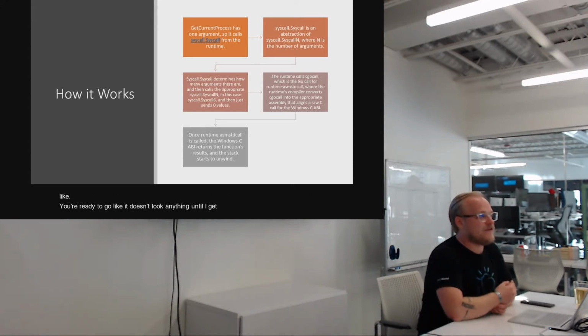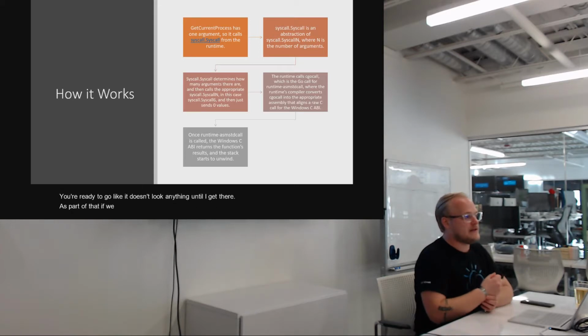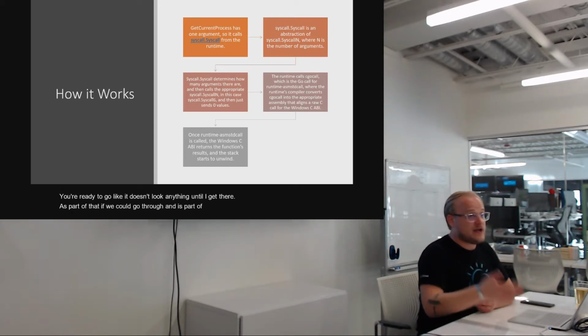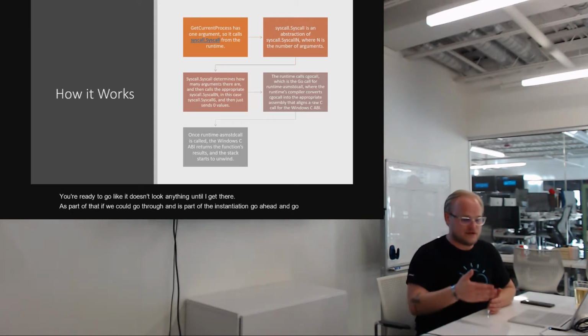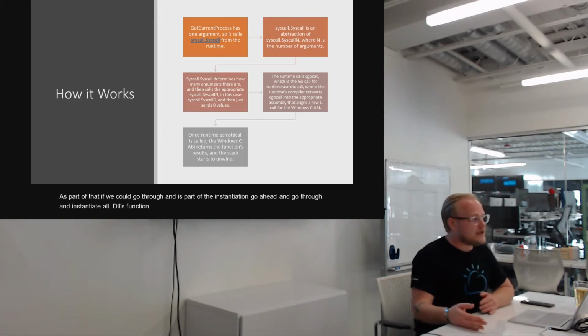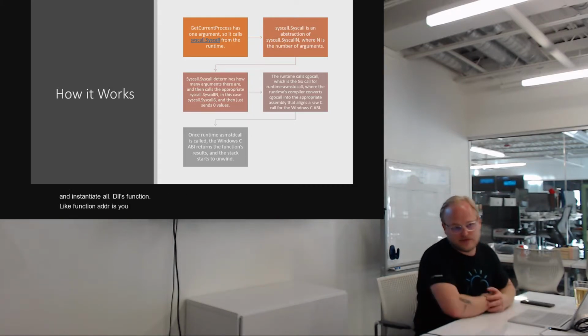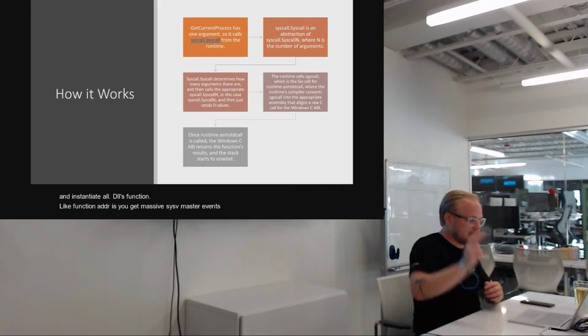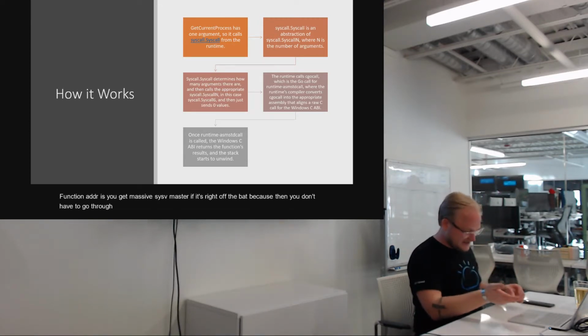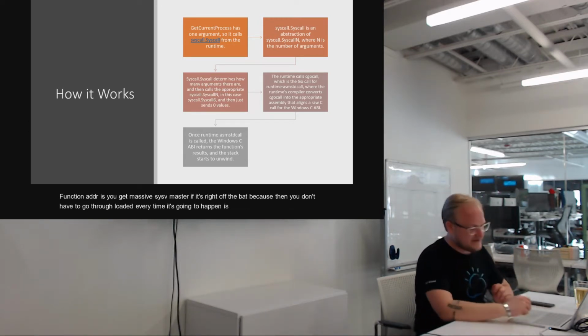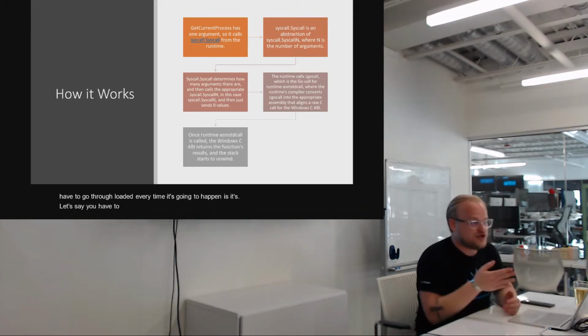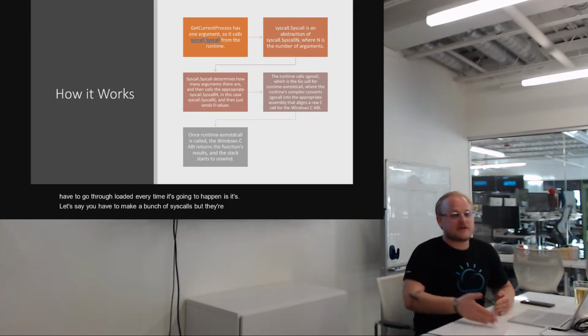As part of the instantiation, if we could go ahead and instantiate all the DLL's function addresses, you get massive improvements right off the bat, because then you don't have to load it every time. Let's say you have to make a bunch of syscalls, but they're just far enough apart that the garbage collector is going to run.